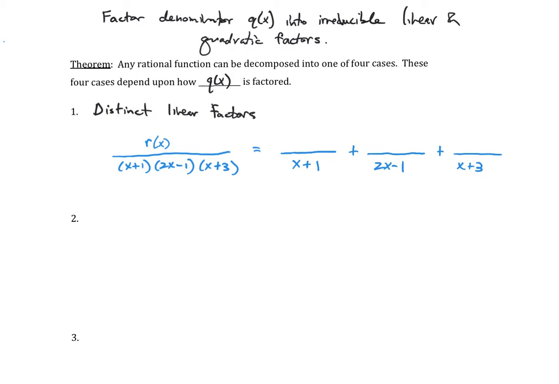And then the numerators are each going to be constants. These constants might be the same, they might be different. We don't really know what these constants are, and we need to find A, B, and C. All right, that's case 1.